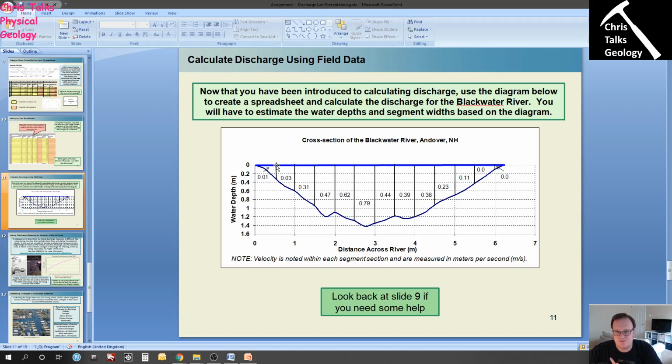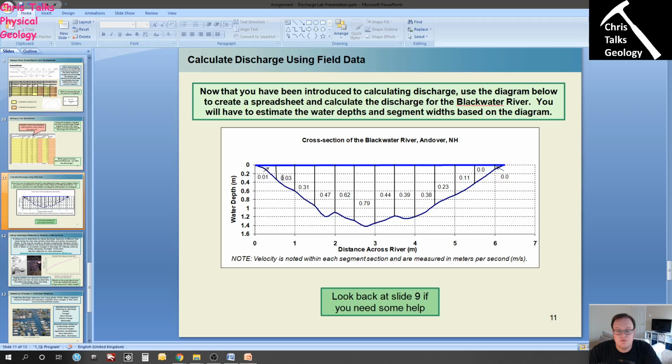Let's try that one more time just to make sure it's clear. It's going to be the depth 0 on this side, plus the depth on this side, which is going to be 0.3. Add those two together, divide that number by 2, and then multiply by the width, which is going to be 0.5. Then once you have that area, you will multiply it by the velocity to give you the discharge for this one segment. And then you move on to the next segment.